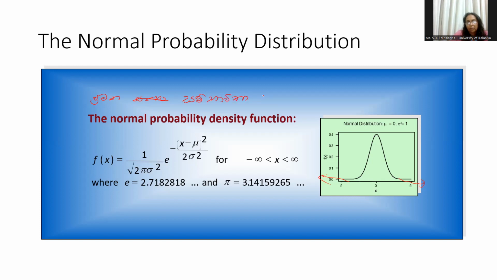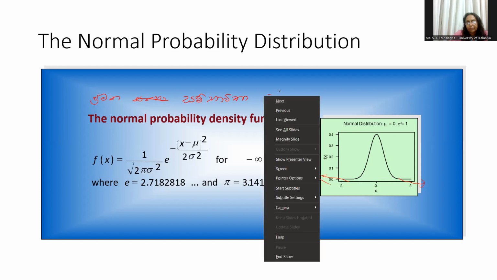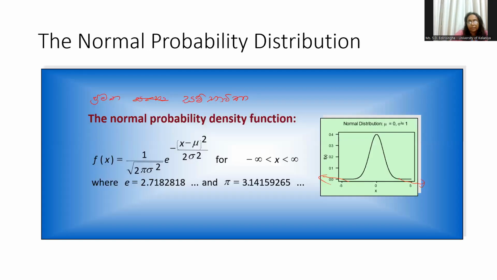Density means Ganatva. Please copy down.